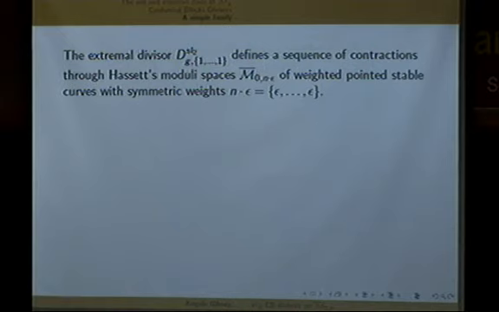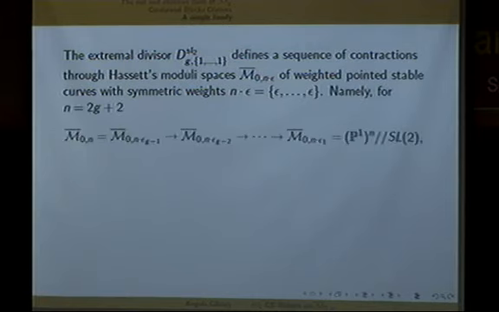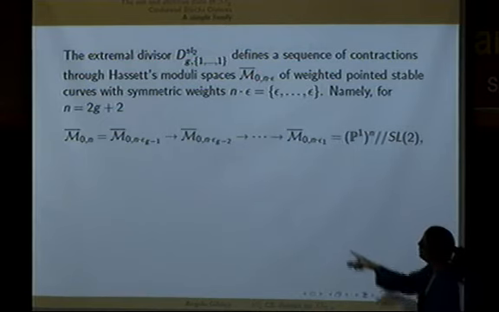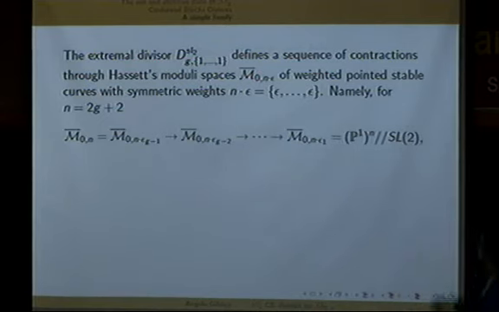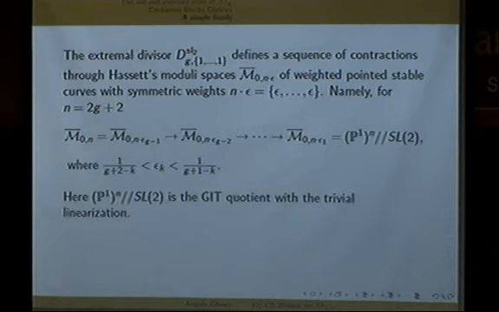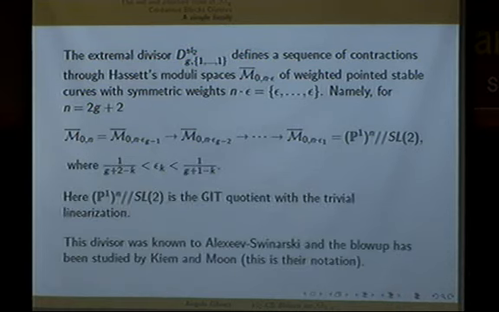Now, I wanted to tell you that the last extremal divisor was known already to give a decomposition, to give this morphism from M0N to a GIT quotient. Some people in the audience will recognize this notation because it's theirs. Alexei Swinarski studied this divisor before.